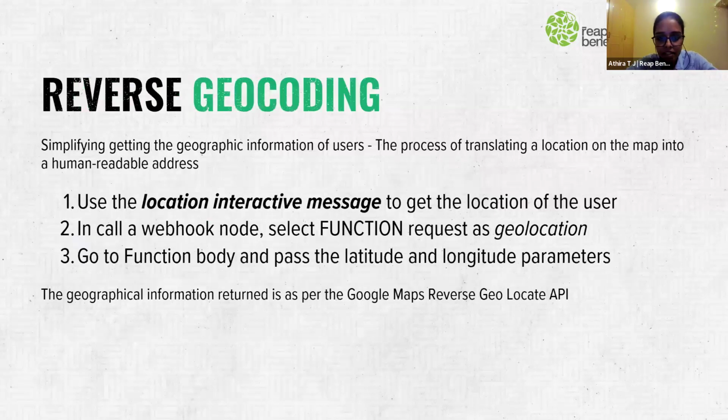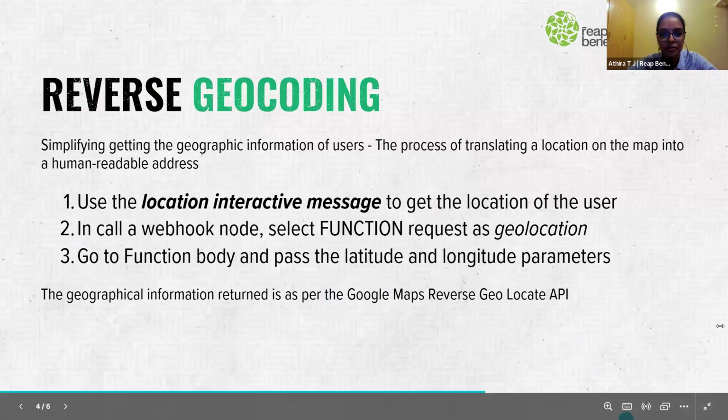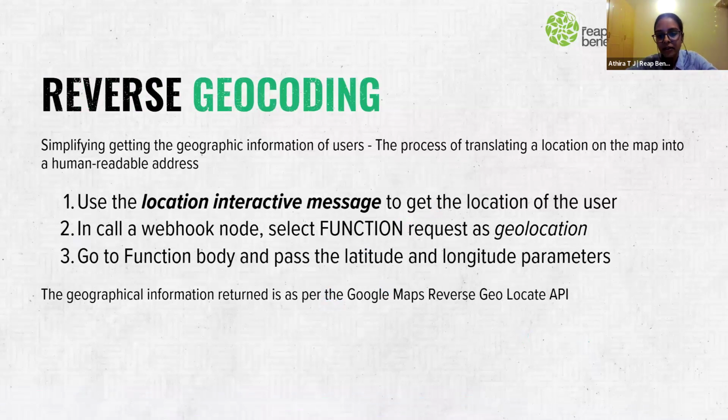But I also will go through one more feature we have been using, which was modified recently. This is nothing but the geolocation mapping of the user. We have a number of nudges or behavioral nudges where we had to collect the information of the location from which the user was interacting with the chatbot.